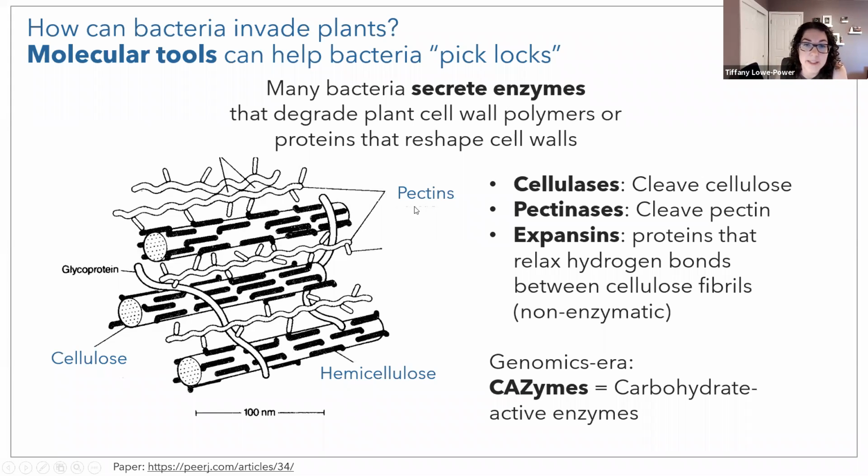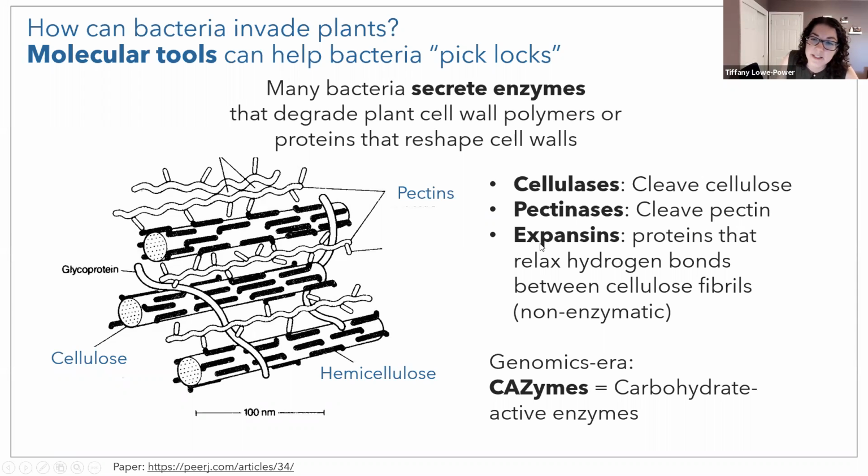So plant cell walls have a lot of pectins, a lot of cellulose, and a lot of hemicellulose. And a lot of work has gone into characterizing secreted enzymes that bacteria and also many fungi have that are cellulases, so those cleave cellulose, pectinases, which cleave pectin.